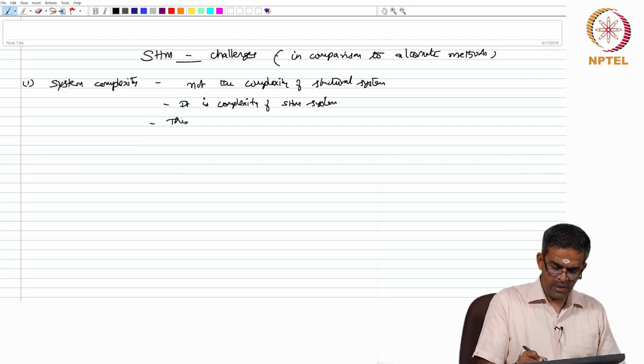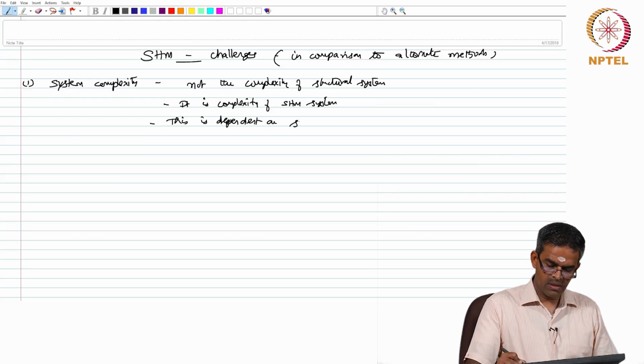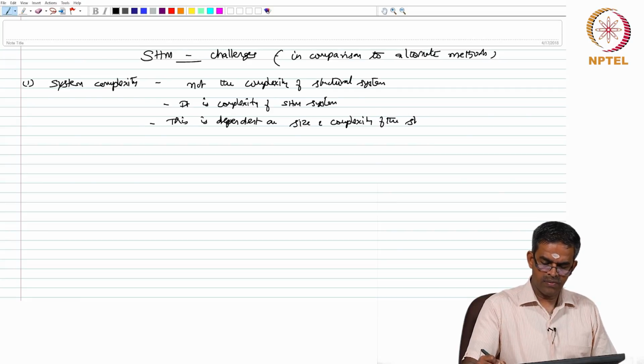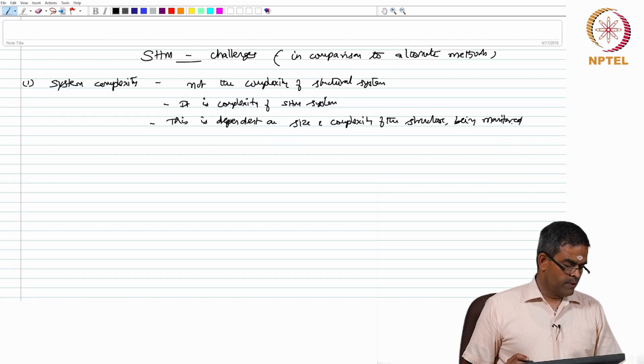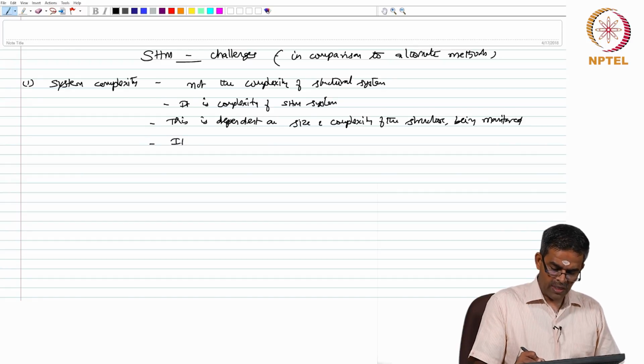Actually, this is dependent on size and complexity of the structure being monitored. It also depends on the functional characteristics of the structure.